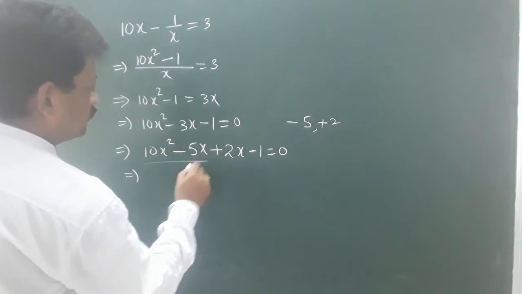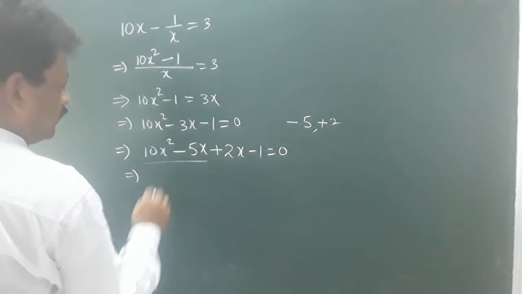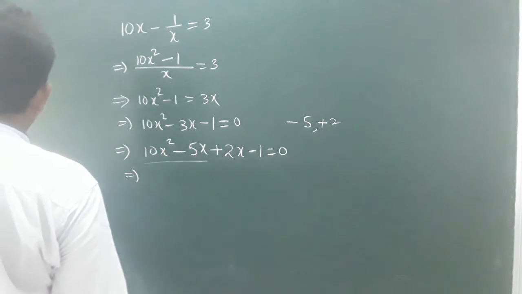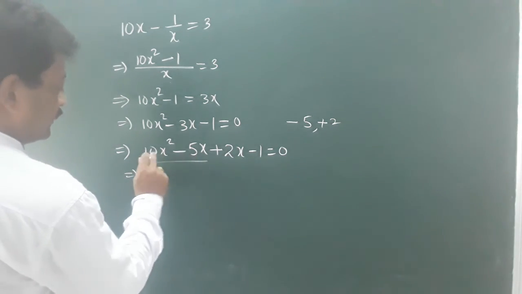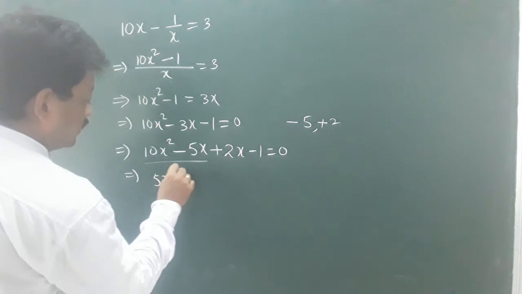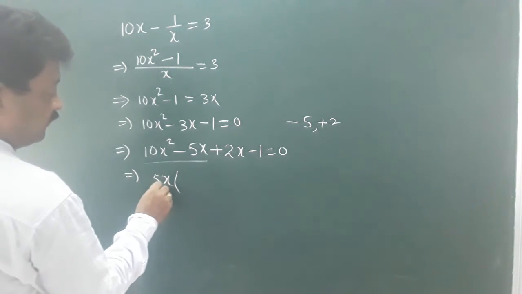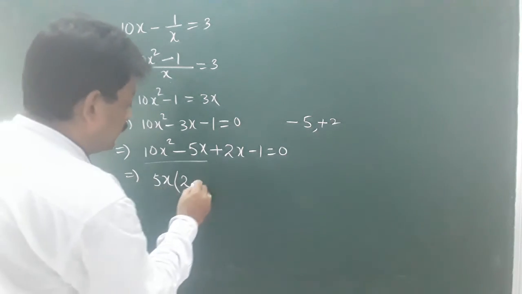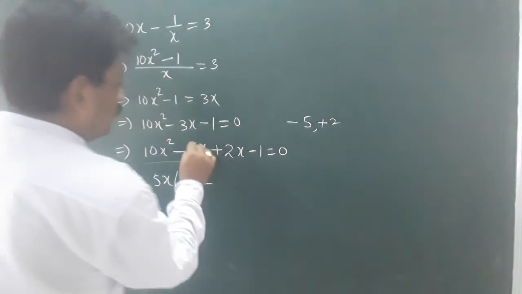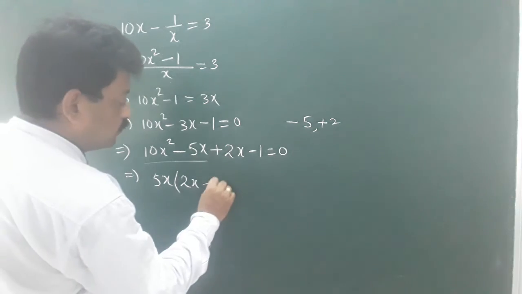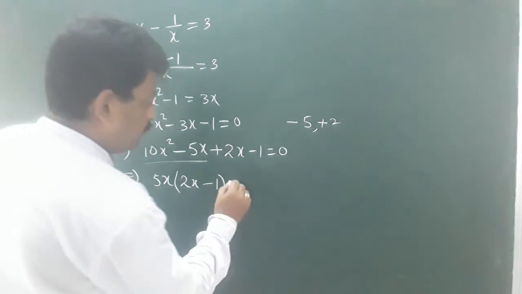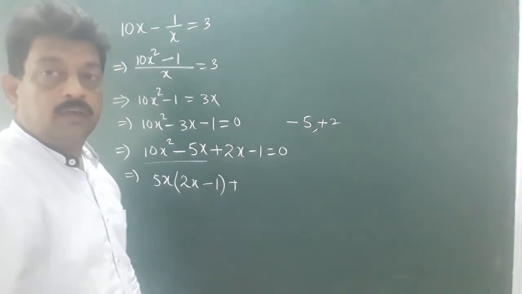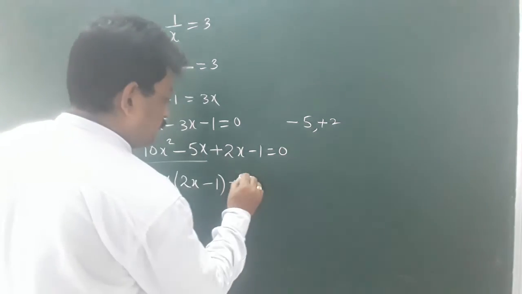Now from the first two terms, we can take 5 and x common. 5x is taken common. From 10 I have taken 5 common, so it will be 2. From x square I have taken x common, so it will be x. So 2x minus 1 is the bracket, and between the last two terms there is nothing common, so we take 1 as common.